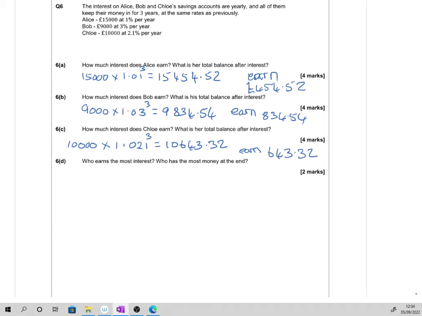Who earns the most interest? Bob. Most interest. And who's got the most money at the end? Alice.